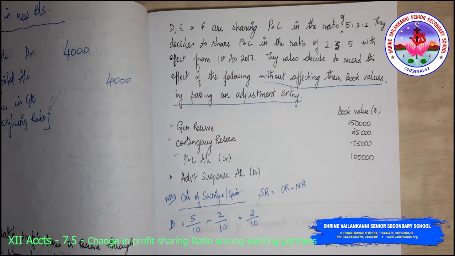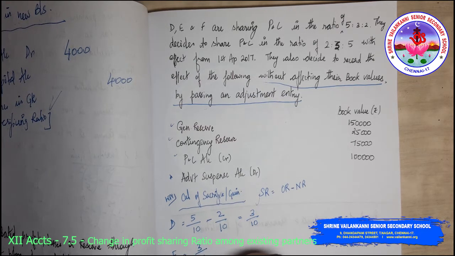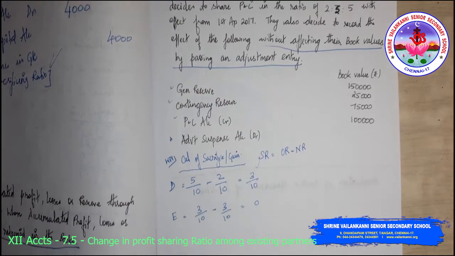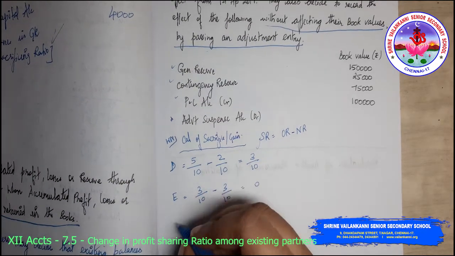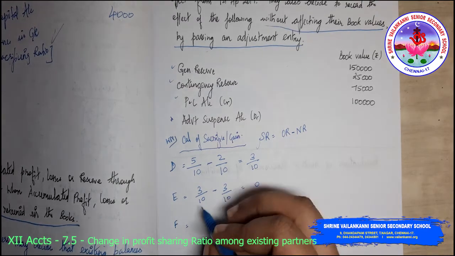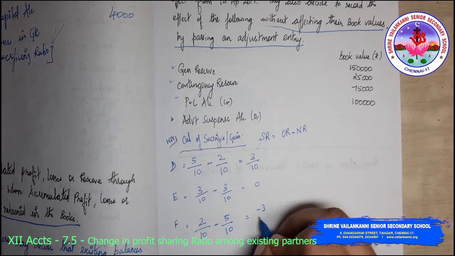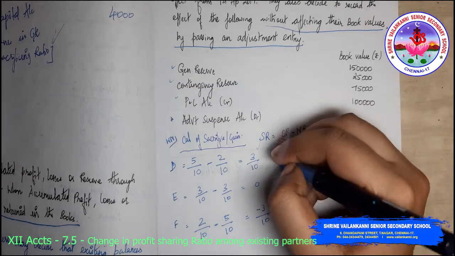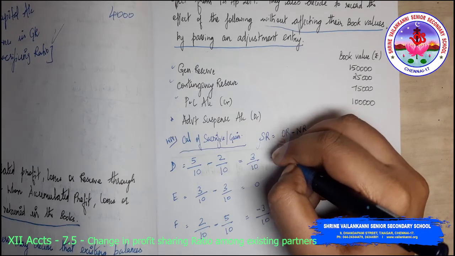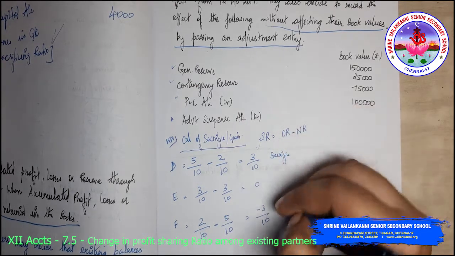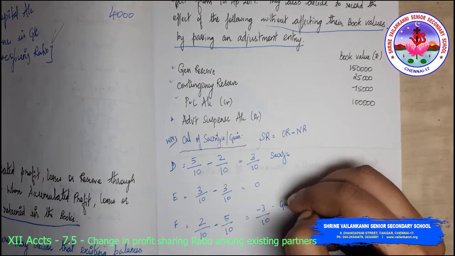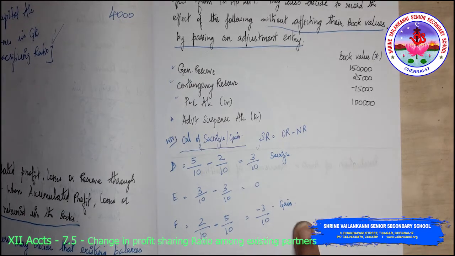What about E? 3 divided by 10 minus 3 divided by 10, there is no change. What about F? 2 divided by 10 minus 5 divided by 10, that is minus 3 divided by 10. So this is a sacrifice, this is a gain. When there is a negative, then it is a gain.